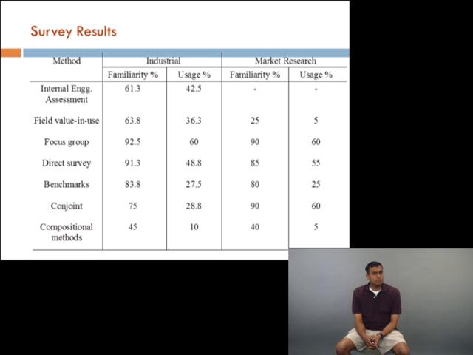While most people are familiar with focus groups, the usage was about 60% in the industrial firms and even among the market research firms. But if you look at conjoint, among the market research firms who can employ it very well, it's almost equivalent to what you would do with a focus group, a qualitative technique that we are so comfortable with, that is just get 10 consumers into a room and ask them to talk about a new product. It is used almost exactly to the same level as conjoint.